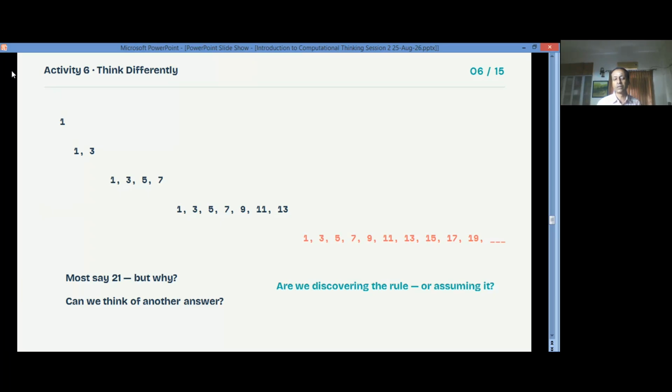It's a sequence of odd numbers, 1, 3, 5, 7, 19, 21, etc. But the same pattern, if you think differently, after 19, instead of 21, which is one of the right answers, we could have another right answer.